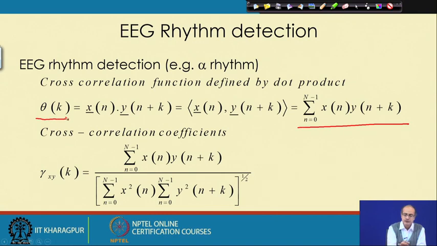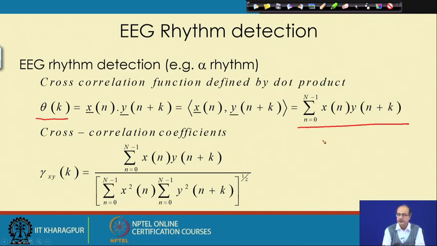Why do we call it cross? Because we are taking two signals, one is x and the other is y. If we applied it on the same signal, or signals from the same patient and the same set of leads, then we would call it the auto correlation function. If the same kind of rhythm is there, we will get a match.